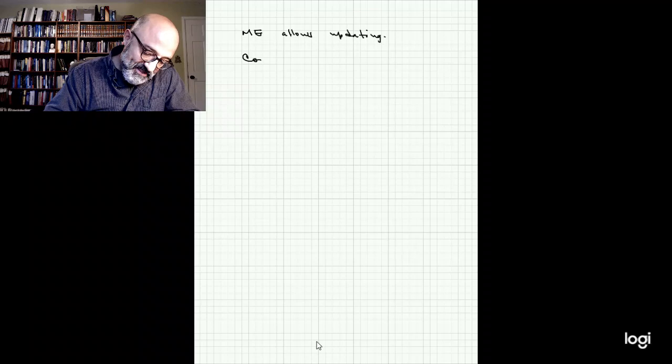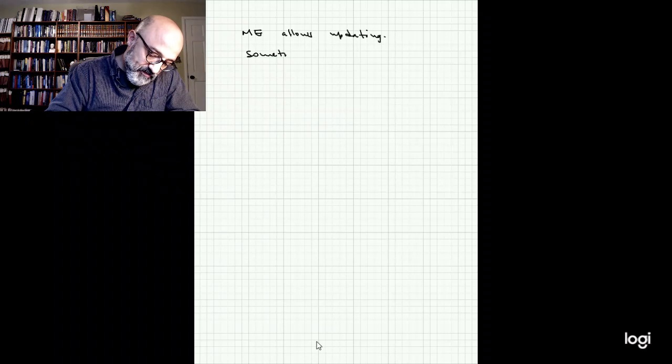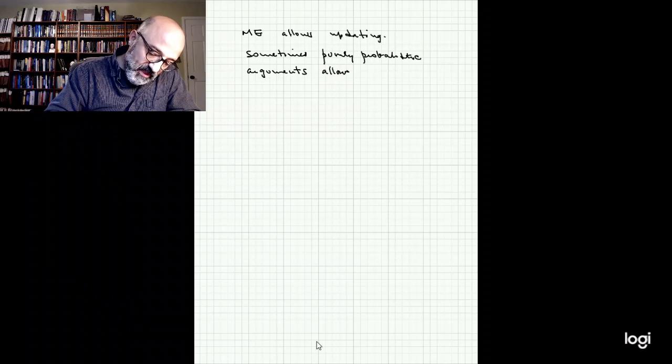Okay, let me write it just to make clear what it is I'm doing here. Sometimes purely probabilistic arguments, purely probabilistic means without using entropy, allow updating too.